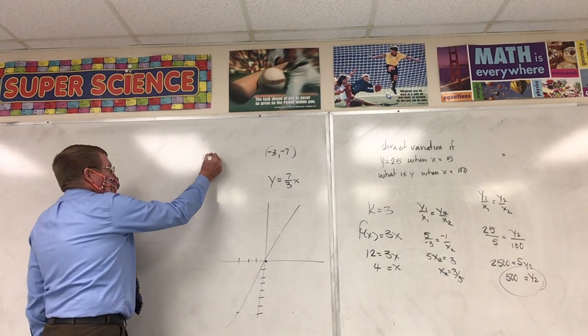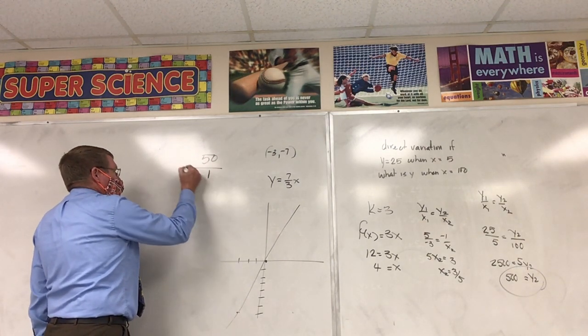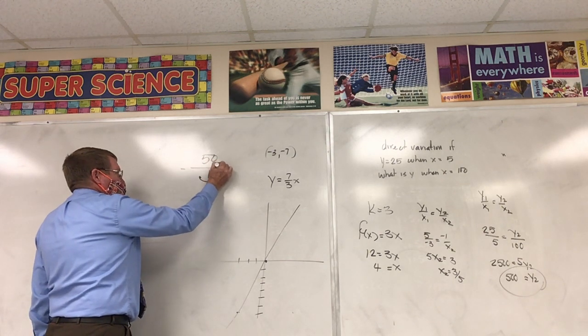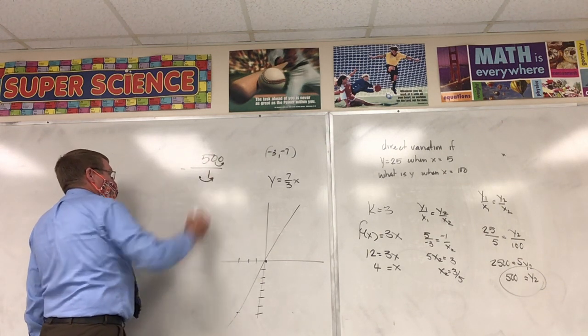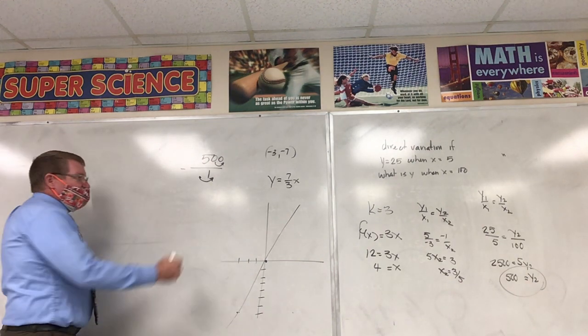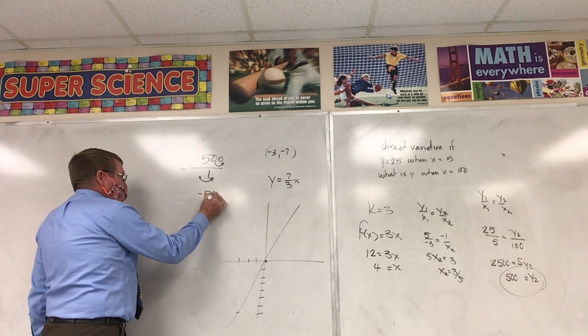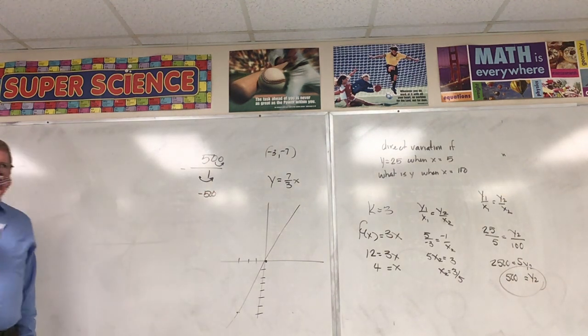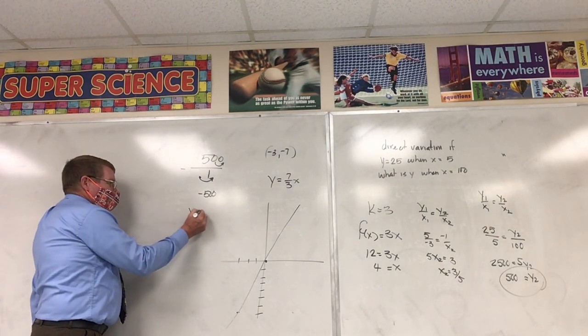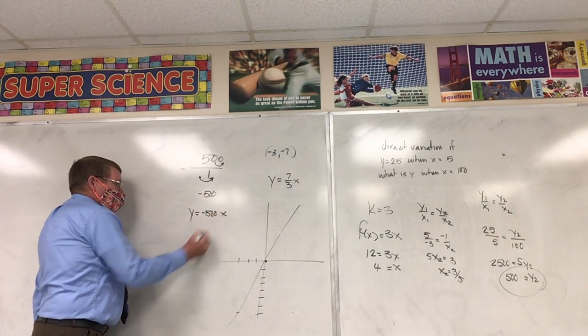Dividing by 0.1 would move the decimal point over 1. So it would be negative 500. So what's my function rule? Y equals negative 500x.